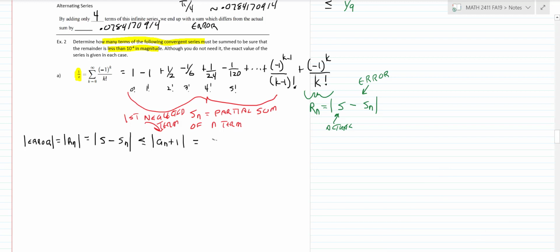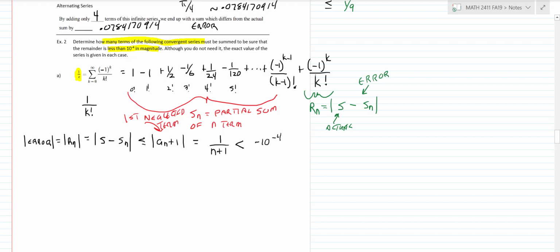Now, we're looking at the series 1 over k factorial, so we're going to set up this inequality. We're going to look at 1 over n plus 1 factorial. That's just the next term going up, and that's supposed to be less than 10 to the negative 4.